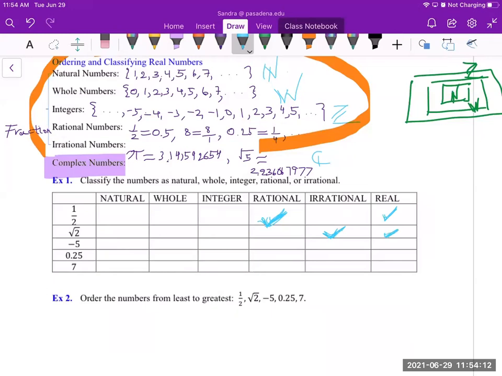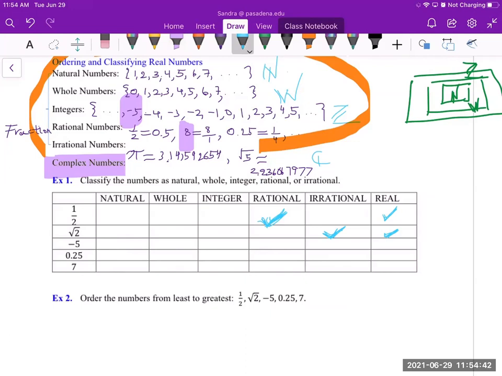Okay, and that's it. I'm going to move on to -5. And I can see that -5 is in here. I don't know if you guys can see it. Let me go ahead and try to highlight with purple. I can see -5 right there. It's part of my integers. But then -5 could also be considered to be a rational number since I can also write -5 as a fraction.